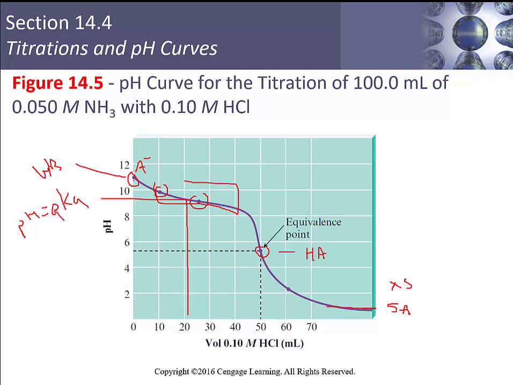Note that this is going to be Ka. If they give you a Kb, convert it to a Ka and do pH equals pKa. Even if it is a base, pH is going to be equal to pKa because that Henderson-Hasselbalch does not care. You just need significant amounts of a conjugate acid and its conjugate base.